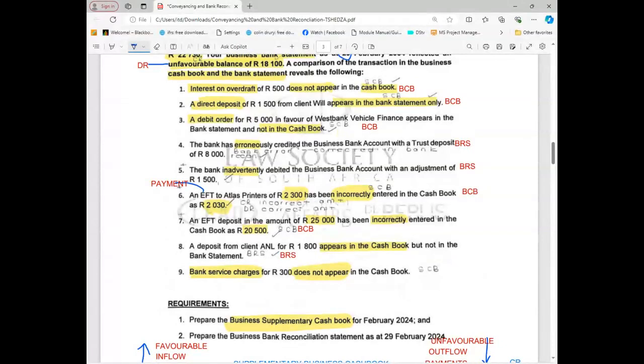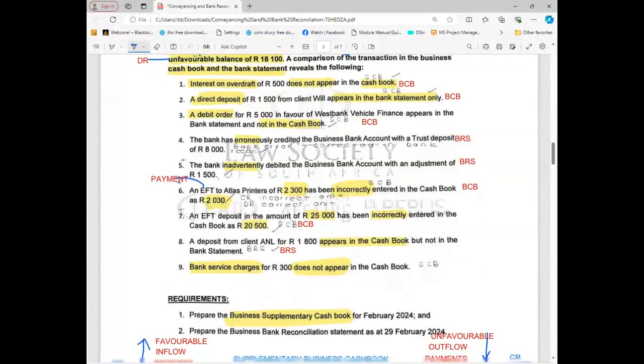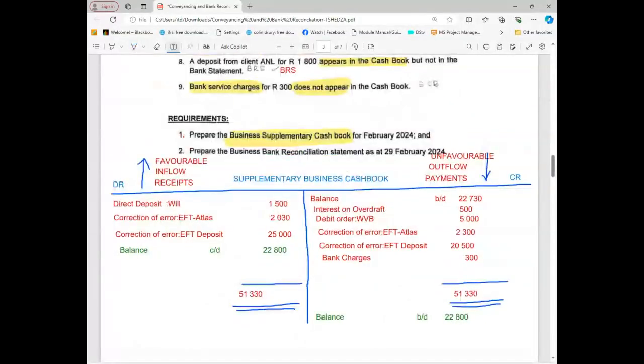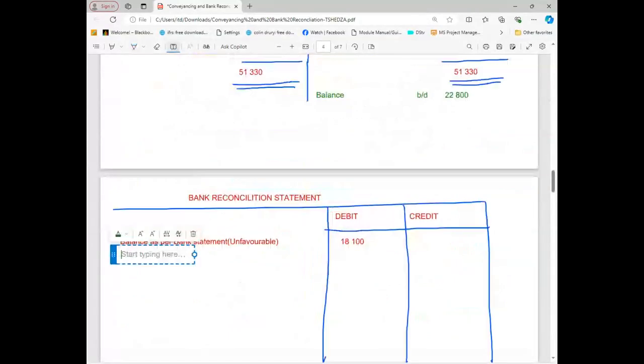So we start with this deposit. Can you see now? So this is how you need to do it. That deposit, we call them outstanding deposit. So I'm going to come here. Remember, think in terms of the bank statement. Are deposits favorable or unfavorable on the bank statement? Deposits are, would I say unfavorable?